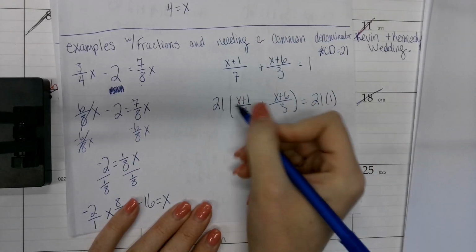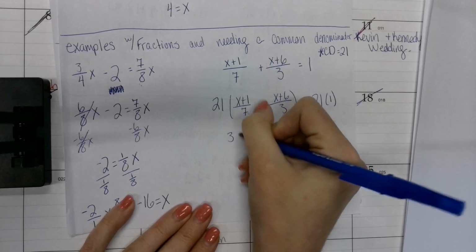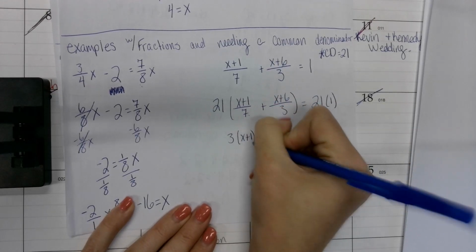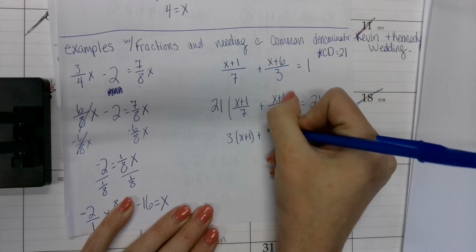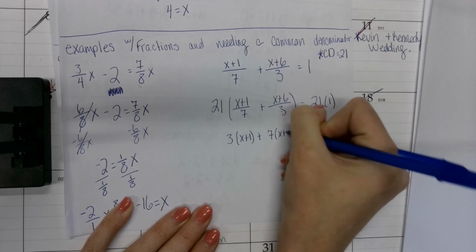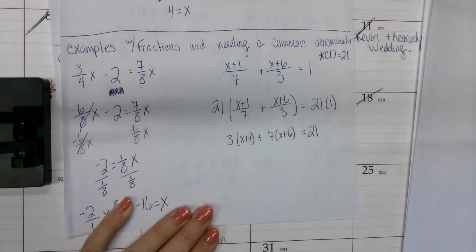So 21 divided by 7 would be 3. So I'm going to have 3 times x plus 1 plus 21 divided by 3 would be 7. So I'll have 7 times x plus 6 equals 21 times 1 is 21.